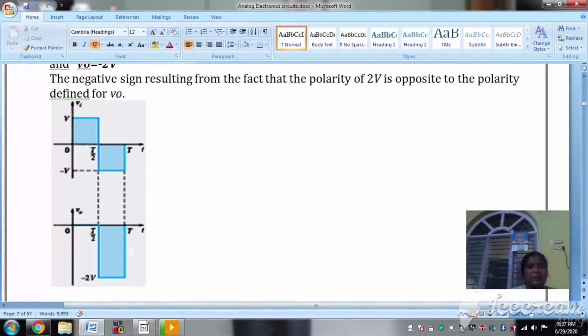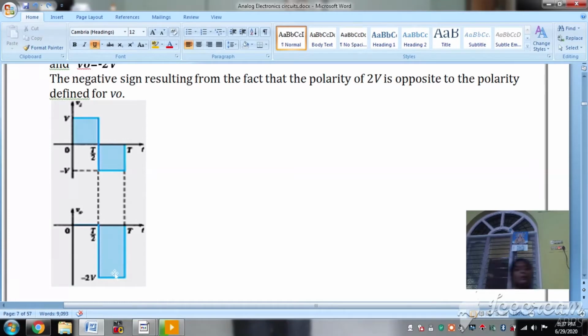See, during the positive cycle the diode is on and the capacitor charges, and during the negative cycle the diode will be open circuit. The previous cycle the capacitor was charged to plus V volt, and in the next cycle the input is minus V volt, so both will be added and you will get minus 2V volt.